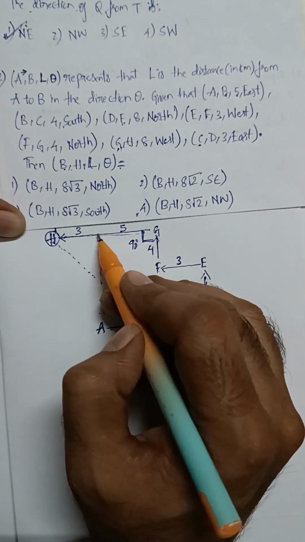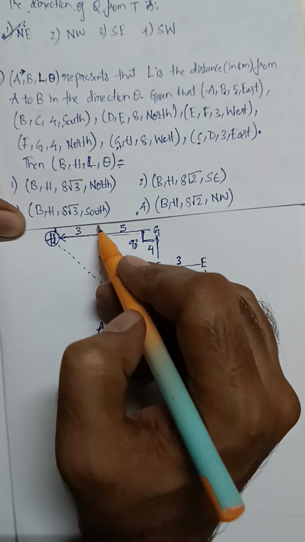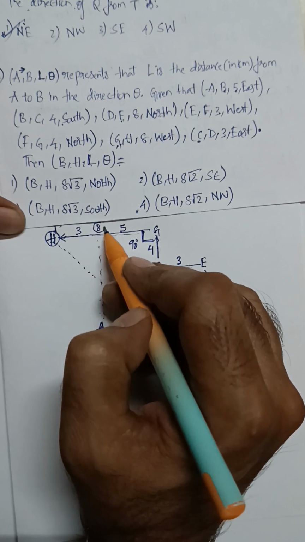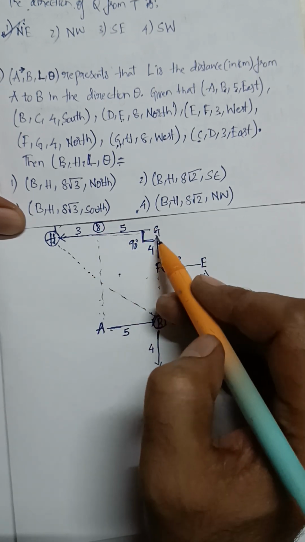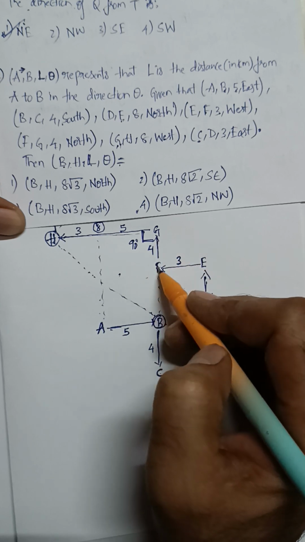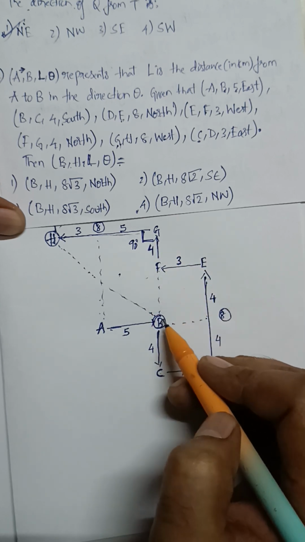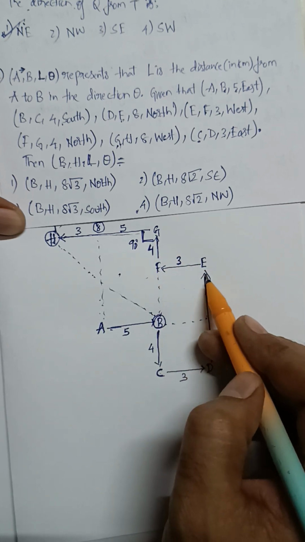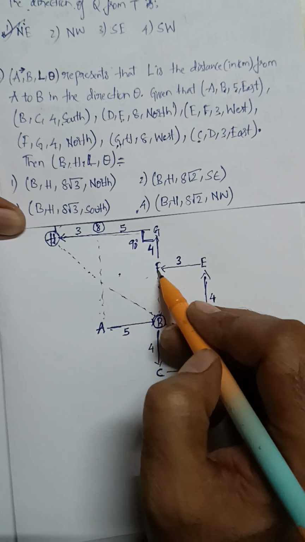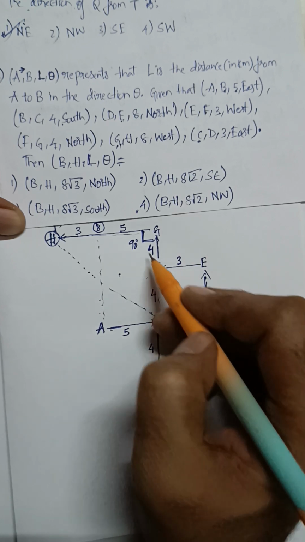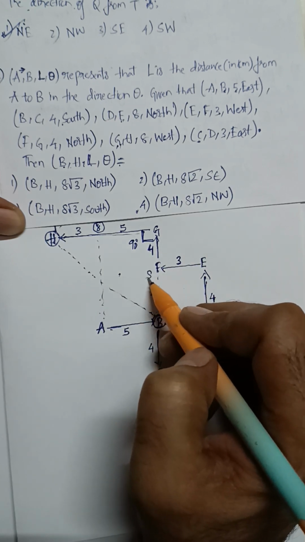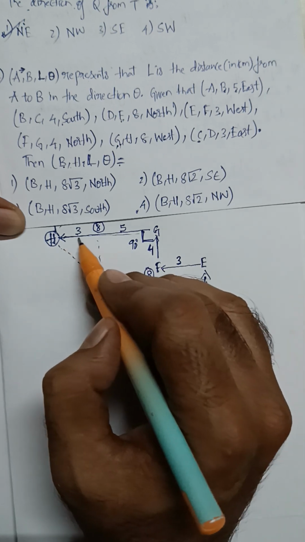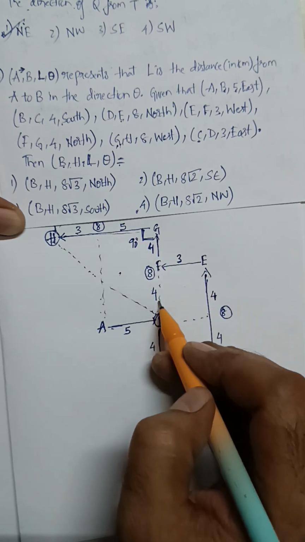From here to here it is 8, 3 plus 5, total 8. And from here to here it is 4, and from here to here also it is 4. Total 4 plus 4 is also 8. This side is 8 and this side is also 8.